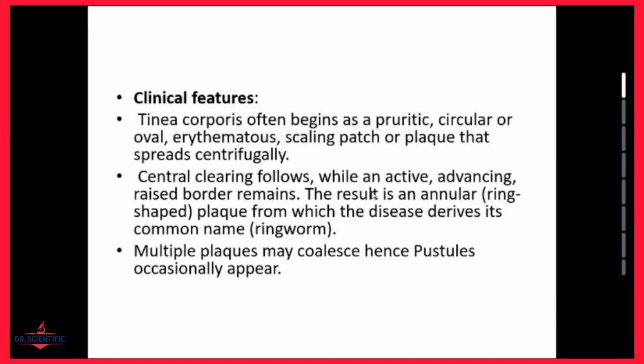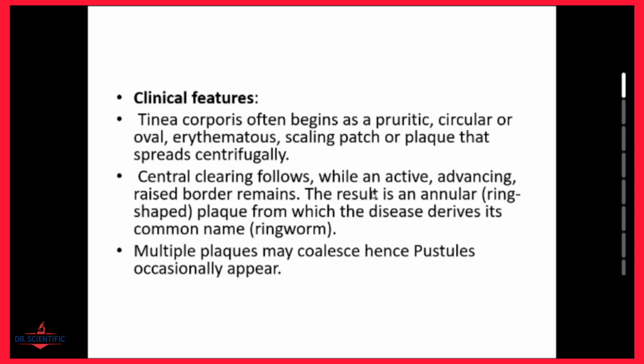Now, what are the clinical symptoms of this Tinea corporis? It always begins as a pruritic infection, circular or oval, erythematous, scaling patch or plaque that spreads centrifugally. We then have central clearing, while an active advancing raised border remains.